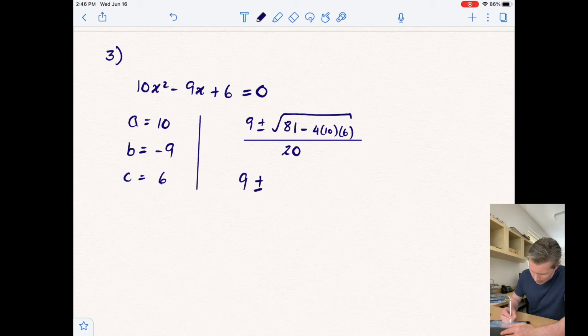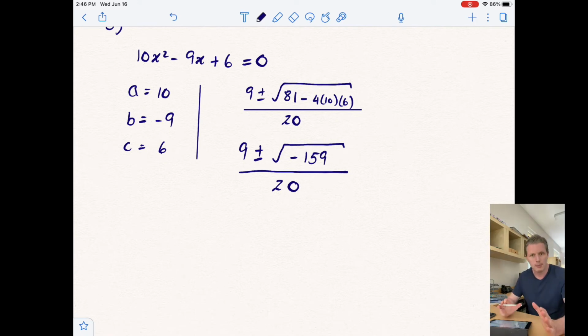So I have 9 plus or minus the square root of 81 minus 4 times 10 times 6. 4 times 6 is 24, times 10 is 240. So I have 81 minus 240, which is negative 159, and again, that all over 20.